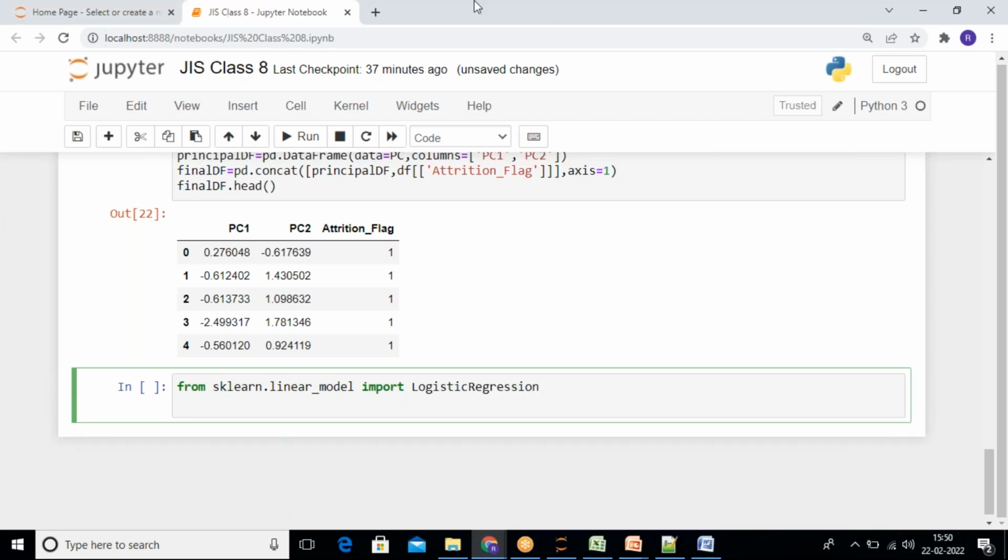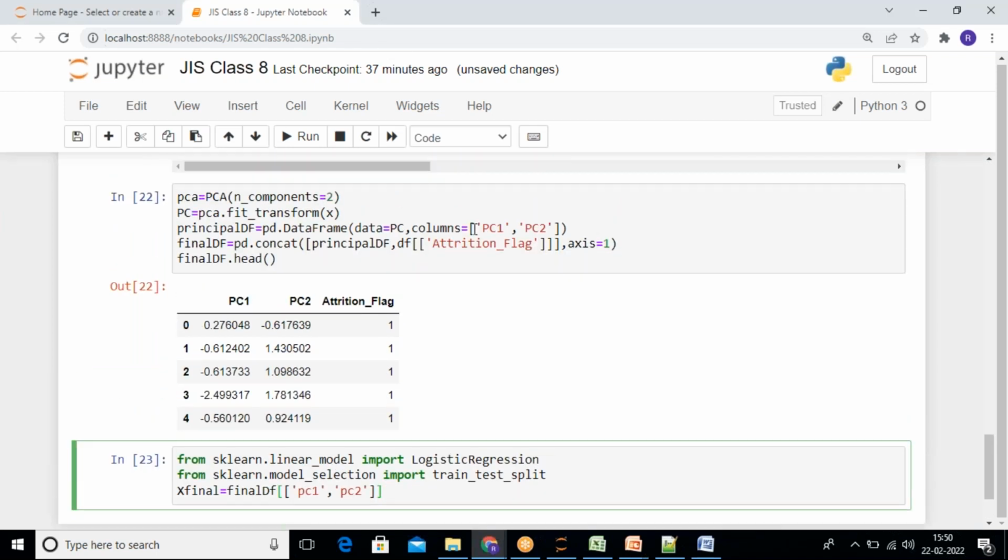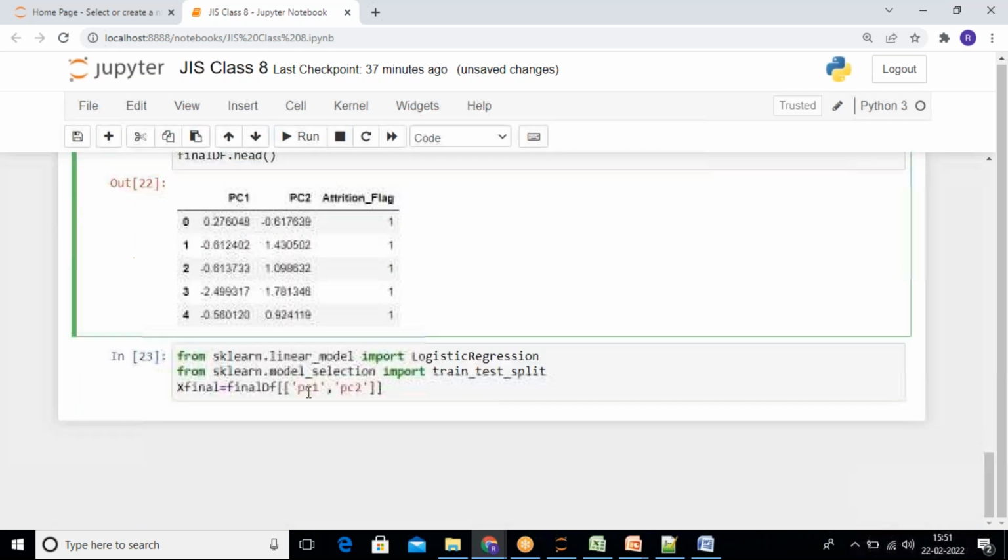From sklearn.linear_model, import LogisticRegression. And import train_test_split, which I will copy from the other one. Here I will have PC1 and PC2, which I need to copy from here.